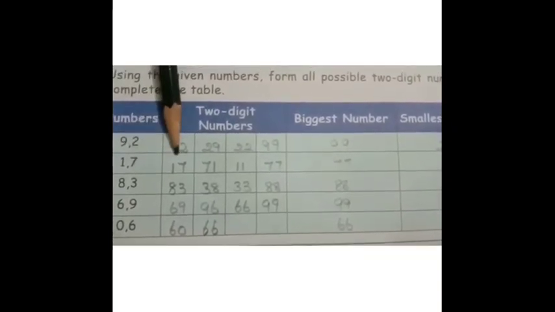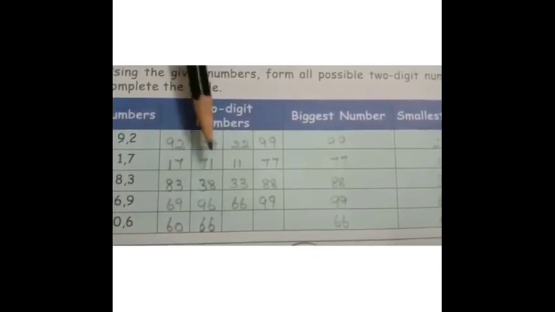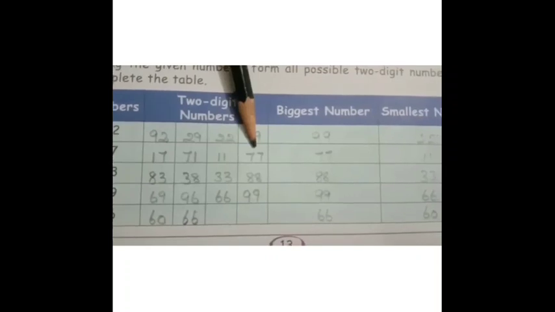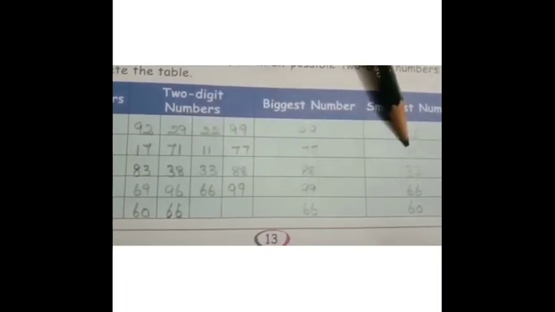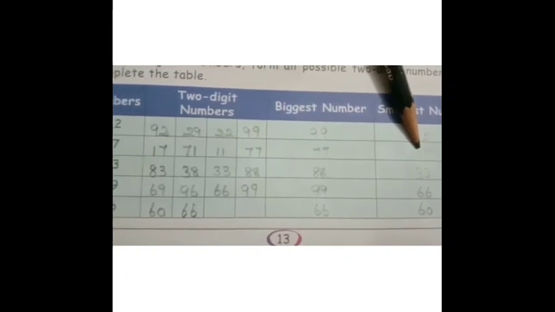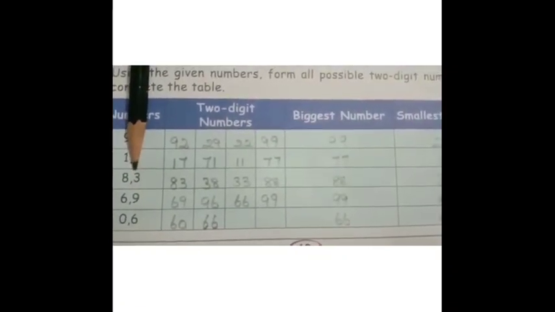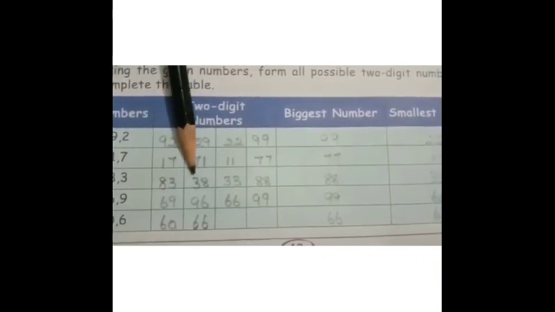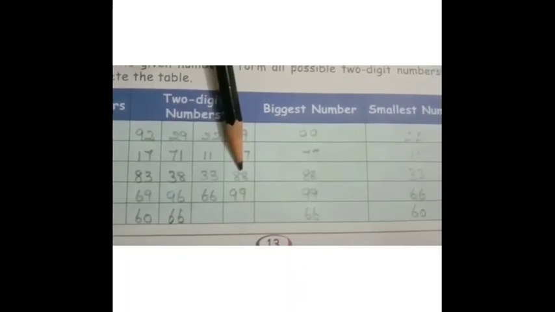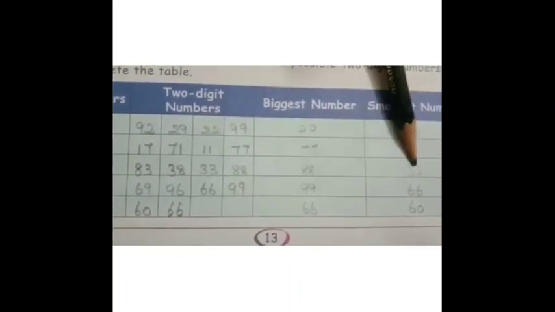The 2-digit numbers are 17, 71, 11, 77. The biggest number is 77. Smallest number is 11. Next, 8, 3. The 2-digit numbers are 83, 38, 33, 88. Biggest number is 88. Smallest number is 33.